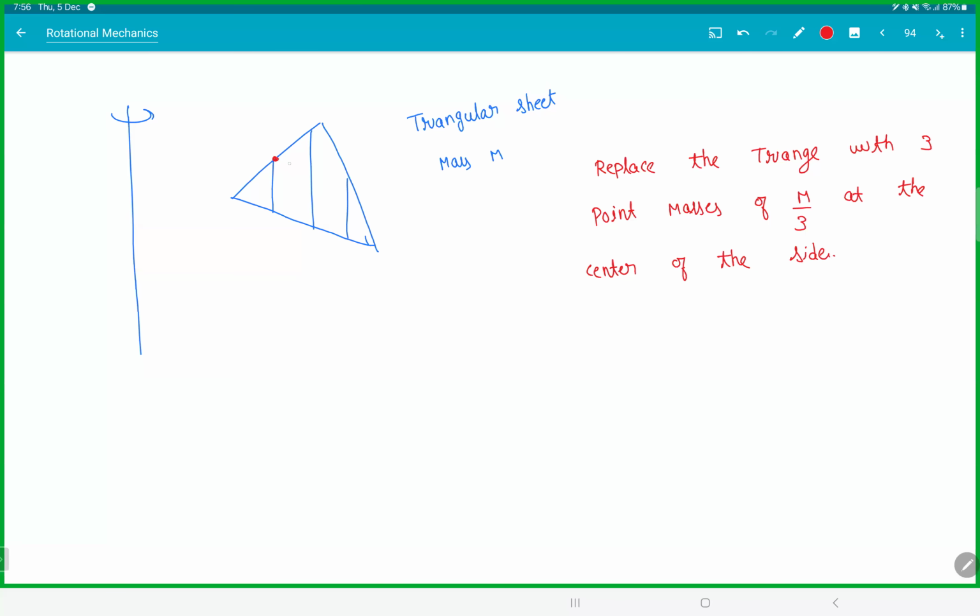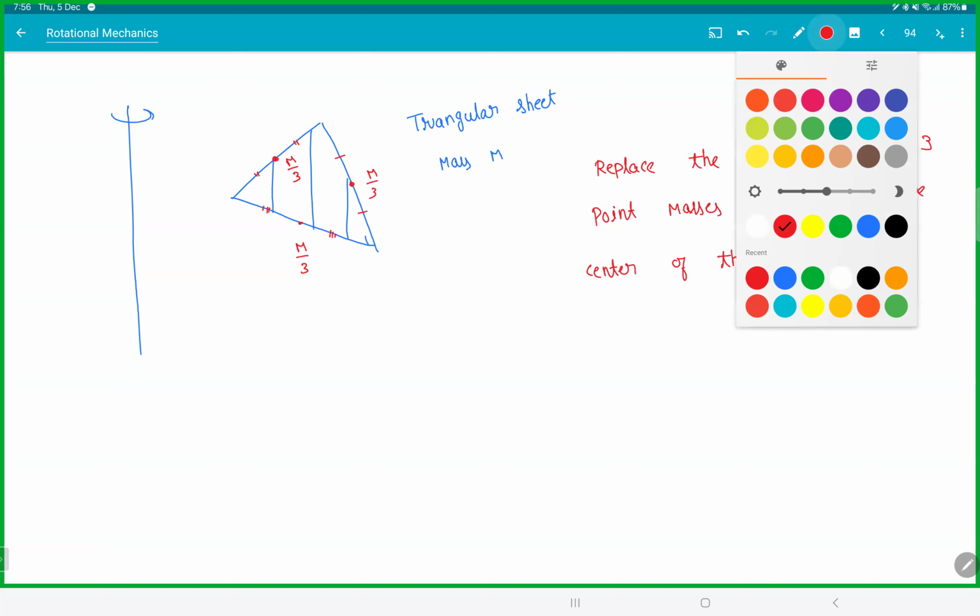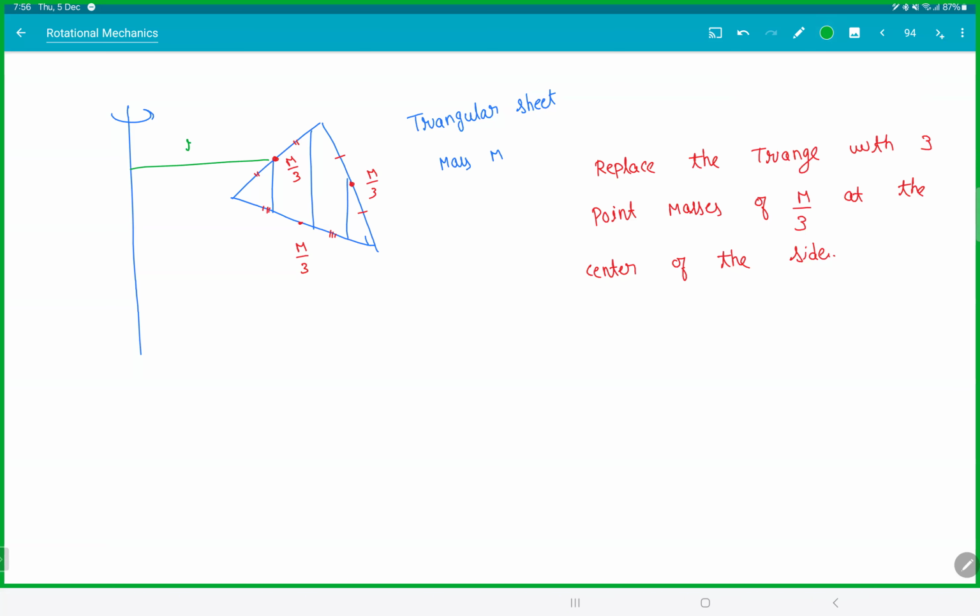Like this. So here m by 3, this is m by 3. Any triangle, it can be a scalene triangle also. These are the midpoints. And then this theorem says if this distance was r1, this distance was r2, and this distance was r3, the moment of inertia of this triangle or this plate is m by 3 times r1 square plus r2 square plus r3 square.